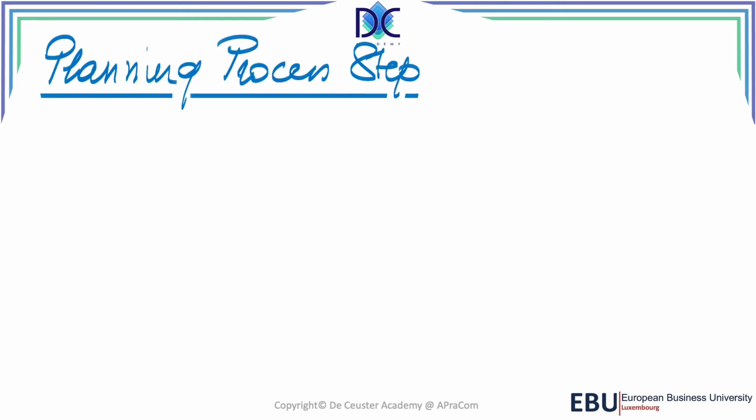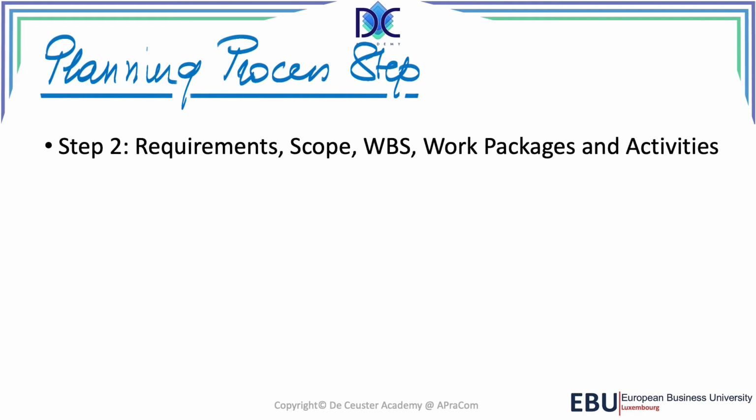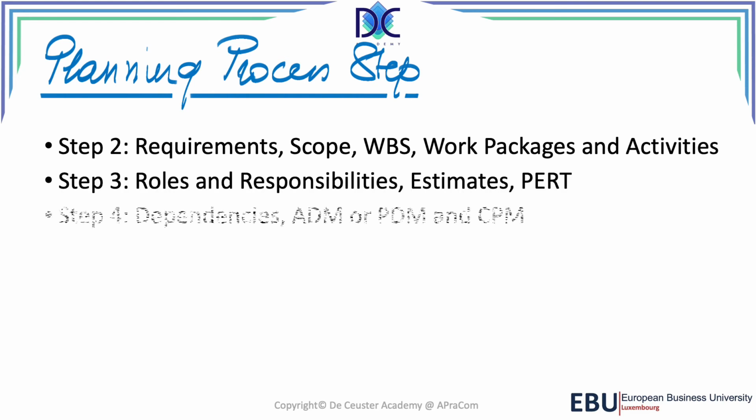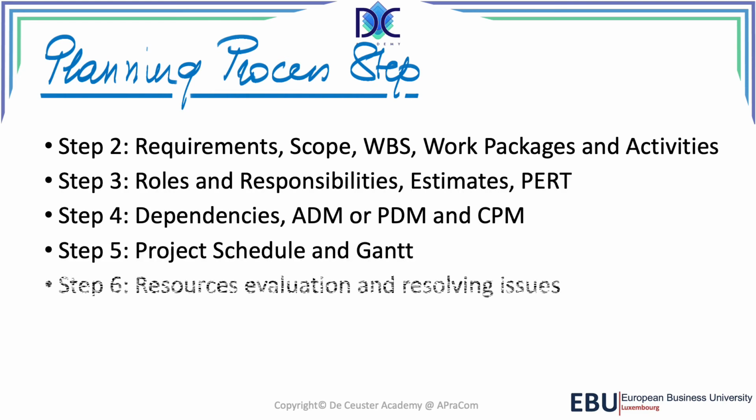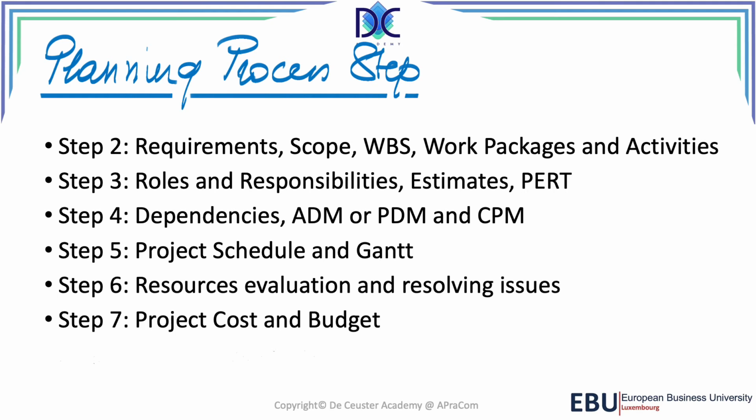Now, we'll also look at the planning process step. That's the first step that comes after initiation. And we have the different steps. I mentioned them before. So we have the requirements, scope, WBS, and so on. And we go through the 7 steps here. We have roles and responsibilities, dependencies, project scheduling, Gantt, resources evaluation and resolving issues, project cost and budget, risk management.